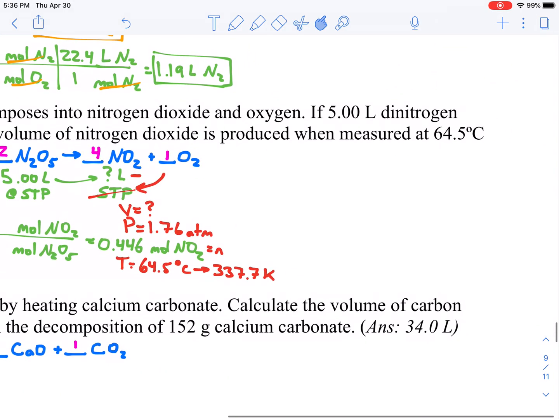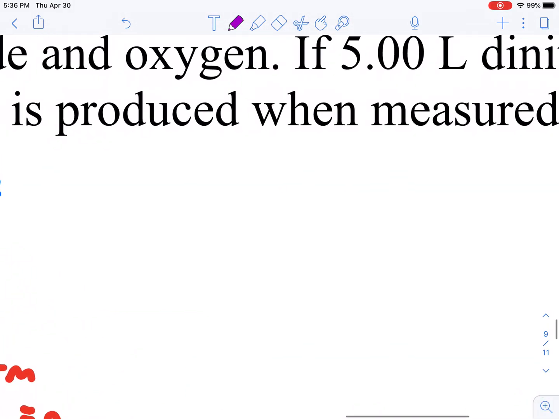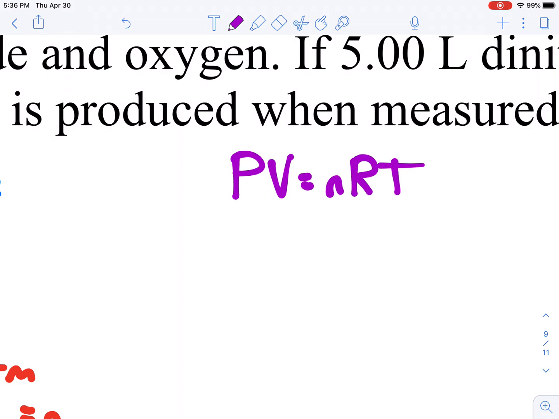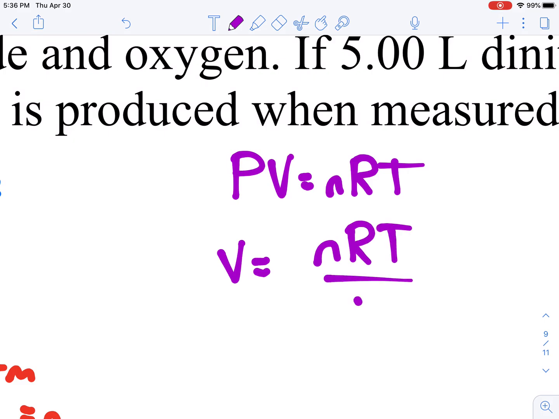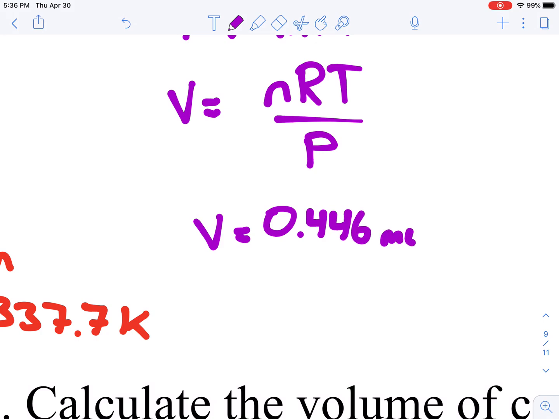And I don't know about you, but I'm starting to recognize that we have all of the variables for a PV equals nRT problem, right? So we could use the ideal gas law, which is that PV equals nRT. We're interested here in a volume, so we want ultimately nRT over P. And we can plug in everything we just found, right? We know that the number of moles is 0.446 moles.